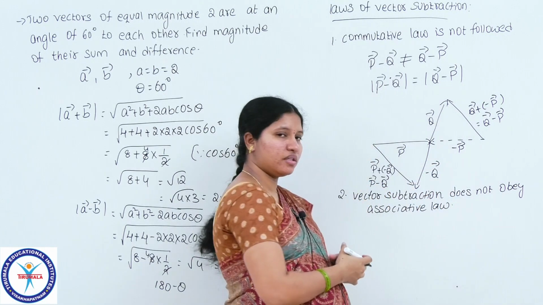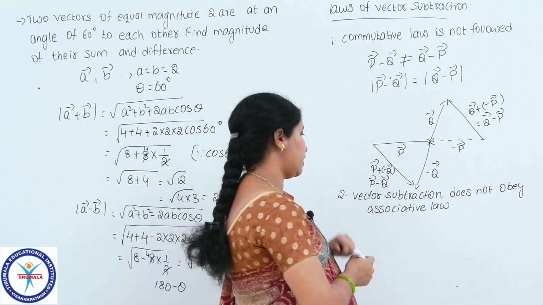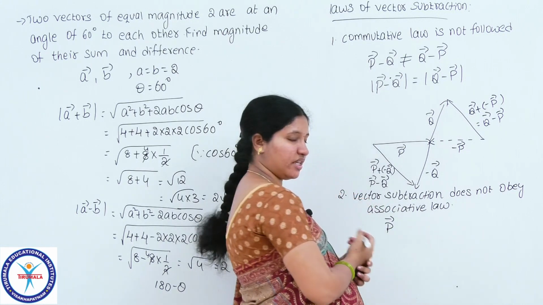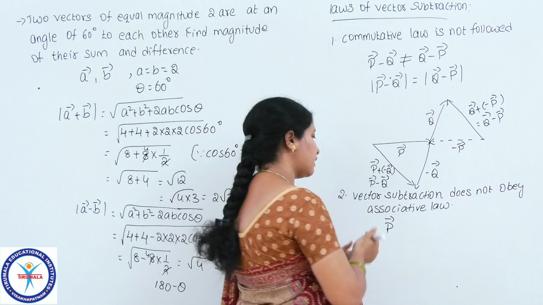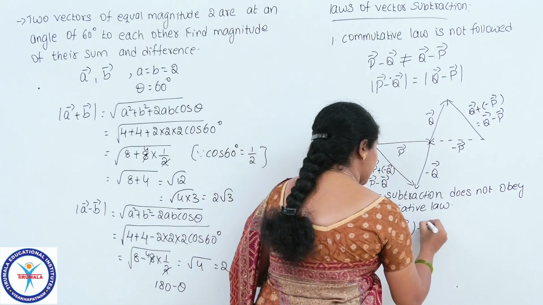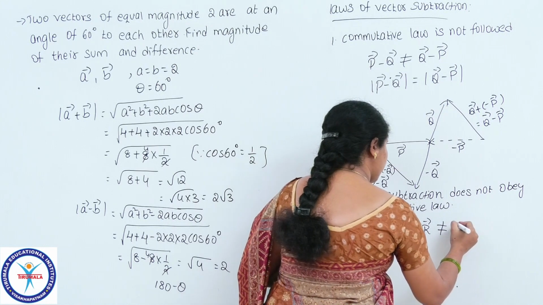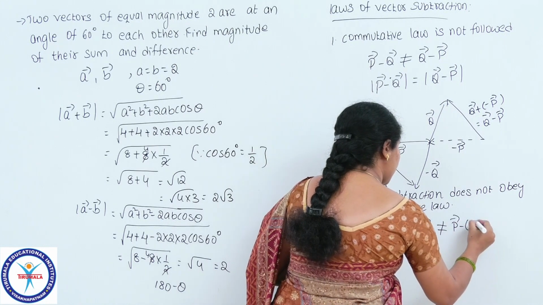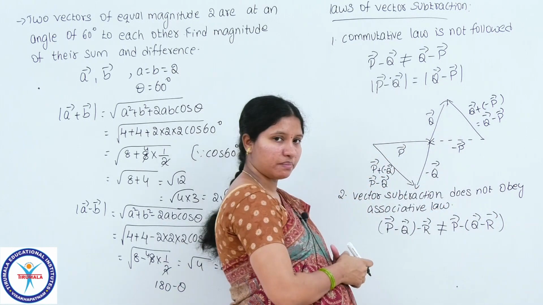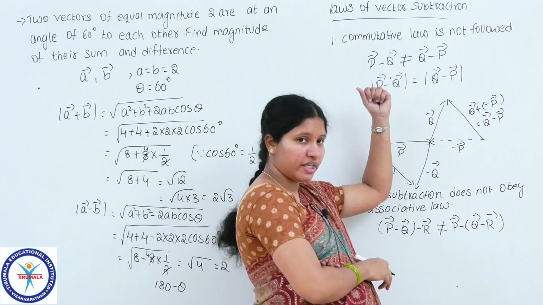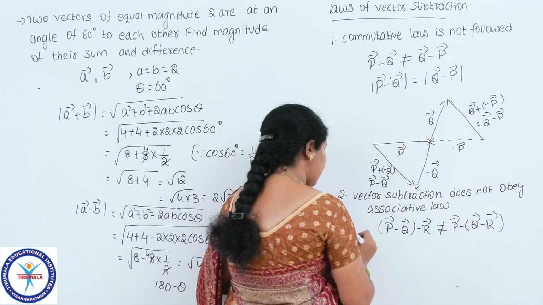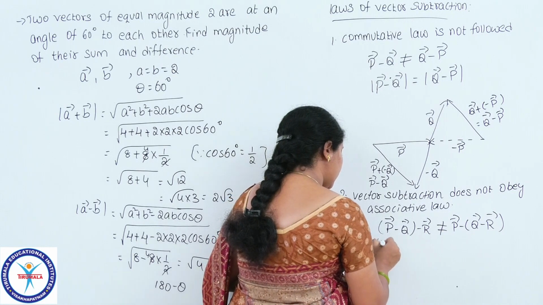If we consider 3 vectors P bar, Q bar and R bar, then P bar minus Q bar minus R bar is not equivalent to P bar minus Q bar minus R bar with different grouping. So vector subtraction does not obey commutative law as well as associative law, but vector subtraction obeys distributive law.